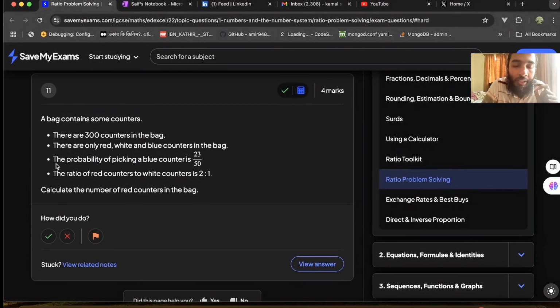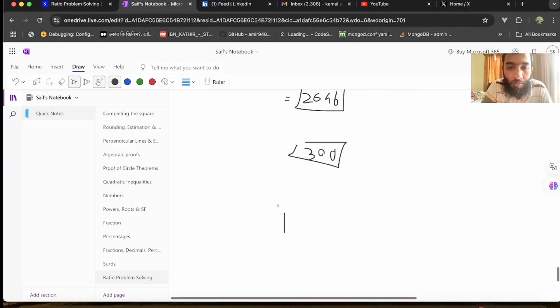The third information is the probability of picking a blue counter is 23 by 50. So the probability of picking a blue counter is what? 23 by 50. That means if the total in terms of ratio is 50, then blue is a part as 23.